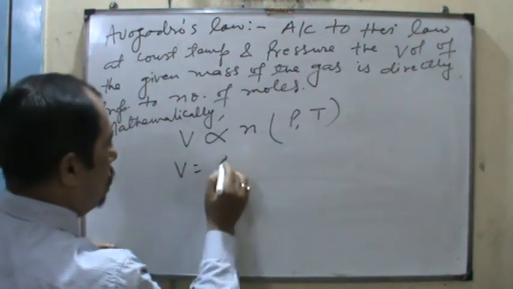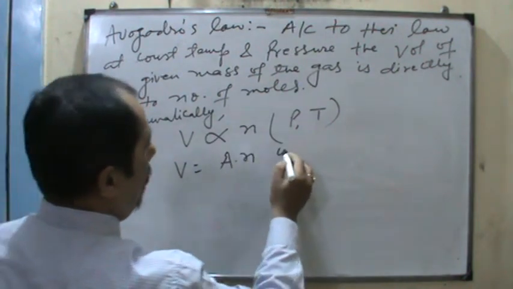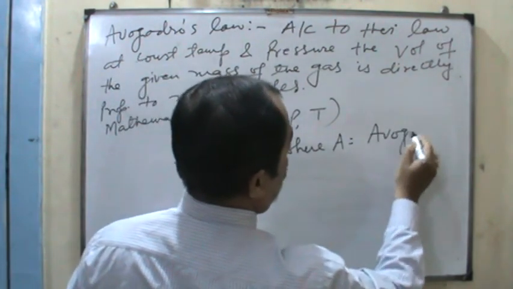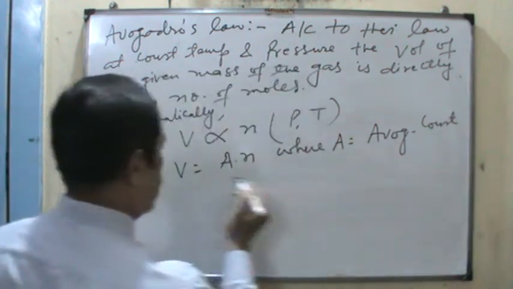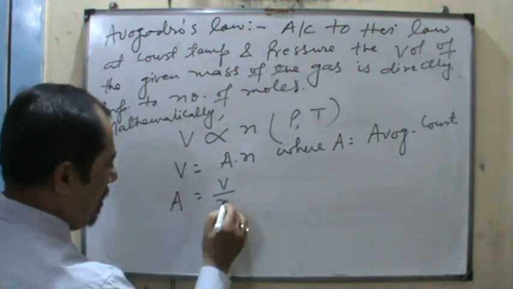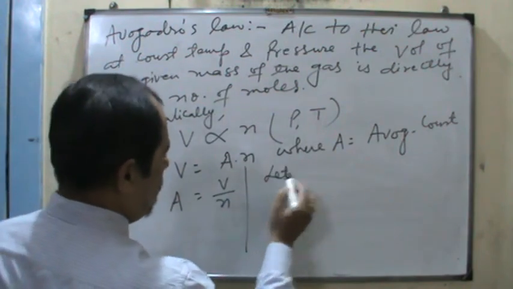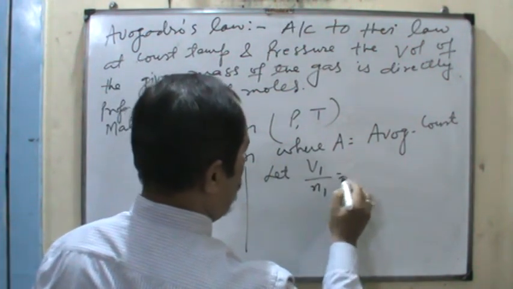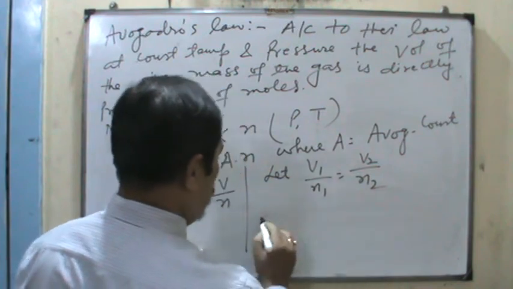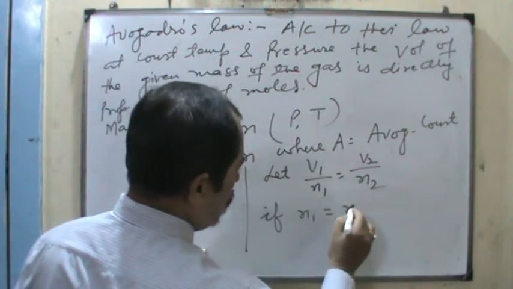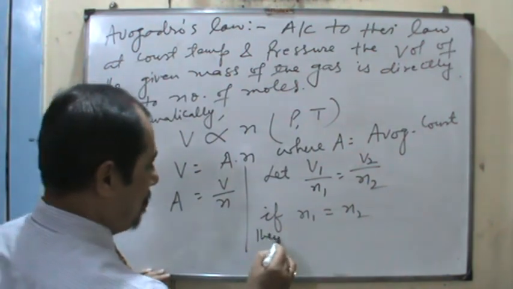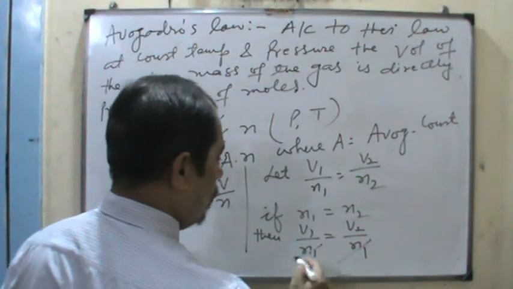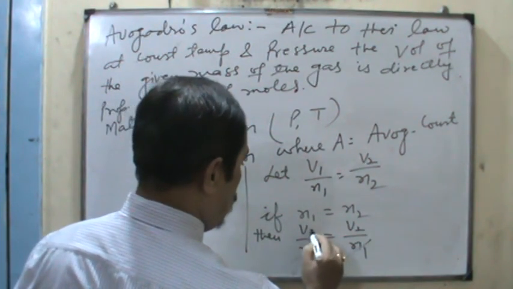So volume is equal to A into N, where A is Avogadro's constant. A is equal to V by N. Let initial and final conditions be such that V1 upon N1 equals V2 upon N2. If N1 equals N2, then V1 upon N1 equals V2 upon N1, and N1 cancels, so V1 equals V2.